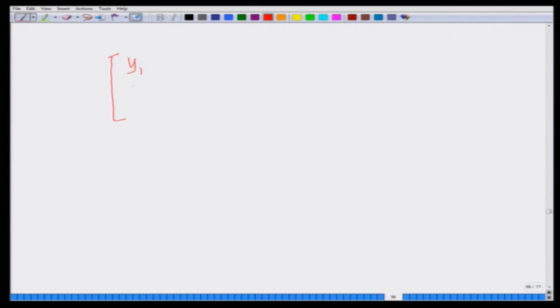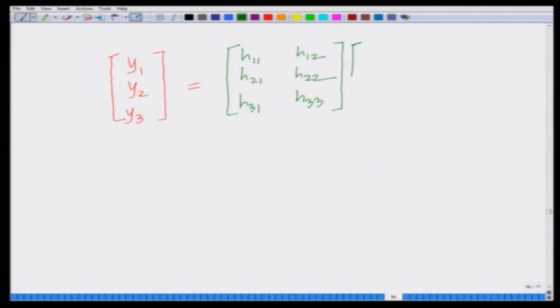I have the 3 dimensional received vector y1, y2, y3, which is equal to the 3 cross 2 channel matrix h11, h12, h21, h22, h31, h32, times x1, x2, which is my 2 dimensional transmit vector, plus the 3 dimensional noise vector, that is w1, w2, w3.